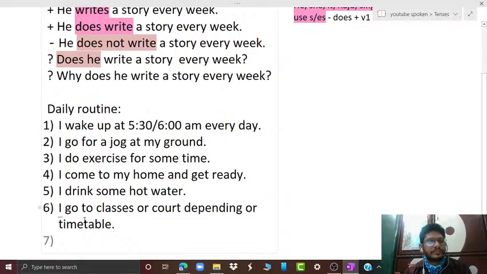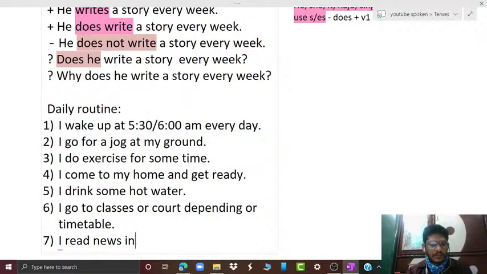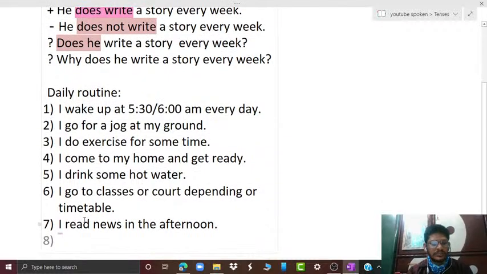Then I read news in the afternoon, or sometimes I read it in the morning, or sometimes I watch news.